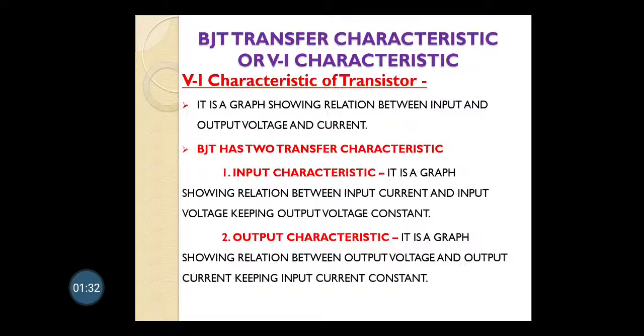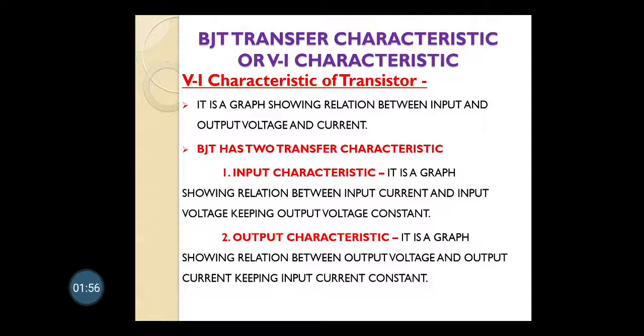Now we will go on to the BJT transfer characteristic, which is also called the IV characteristic or VI characteristic. The VI stands for voltage current characteristic of a transistor.